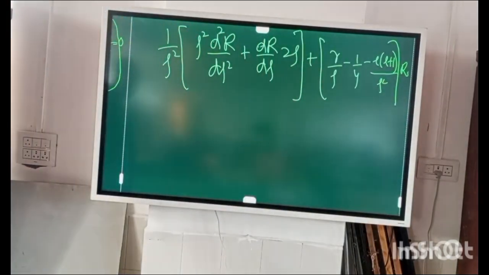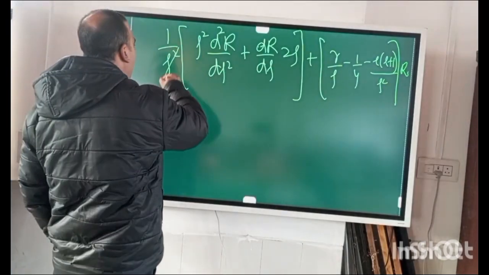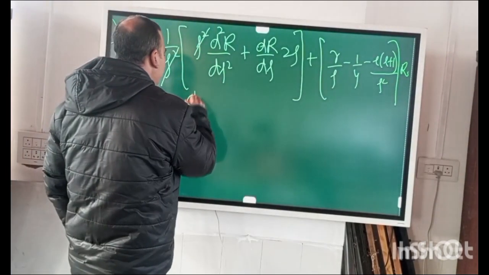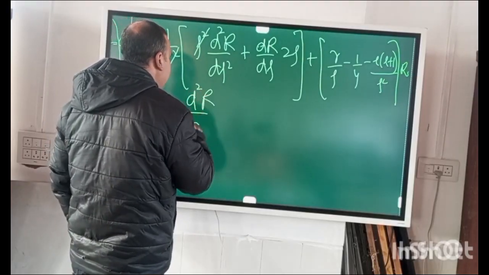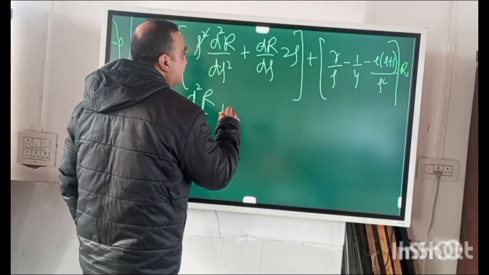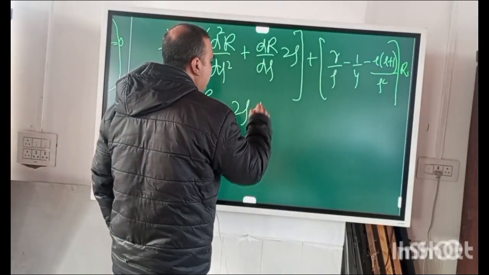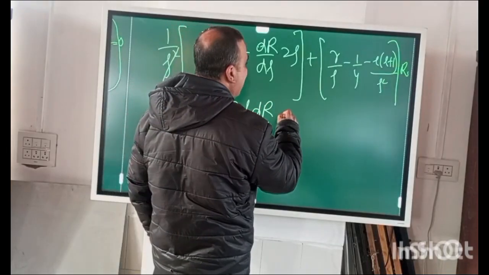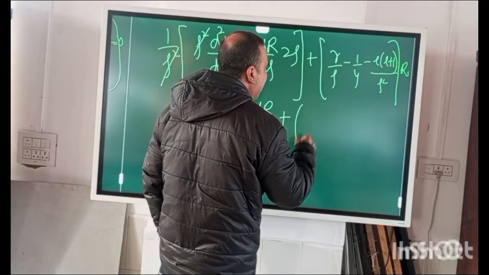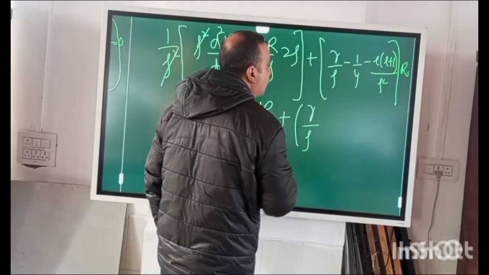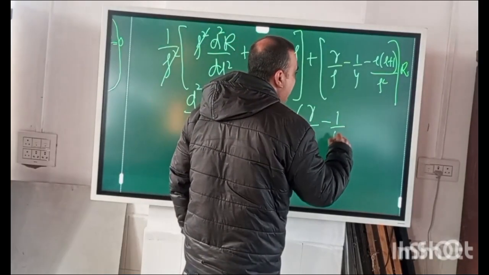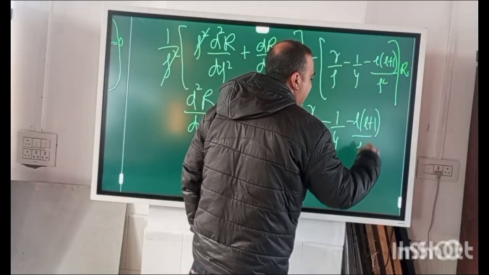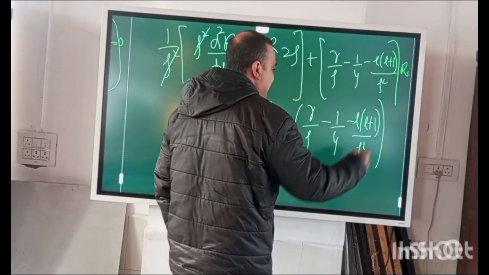Fine? Okay? So you can see immediately this rho square and rho square will go. So what you are left with is d2r by d rho 2 plus twice rho dr by d rho, then plus the same things, gamma by rho minus 1 by 4 minus L times L plus 1 by rho square, times r.